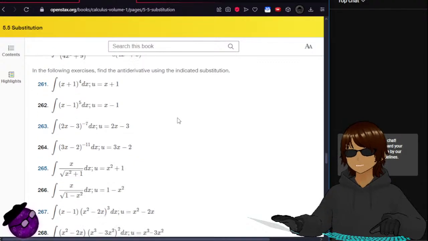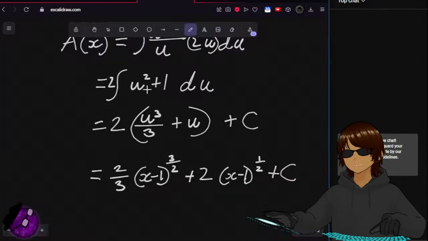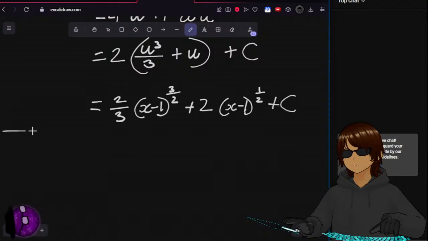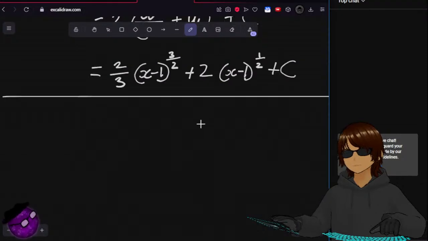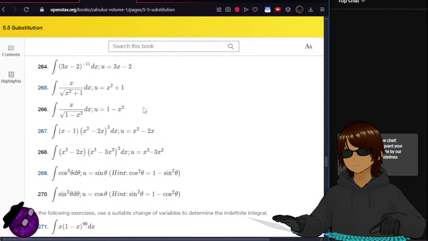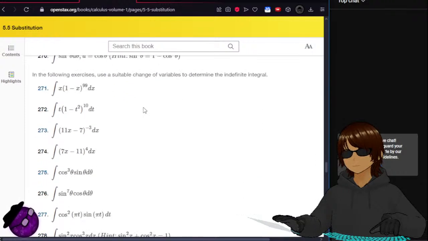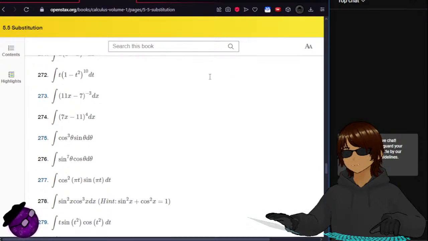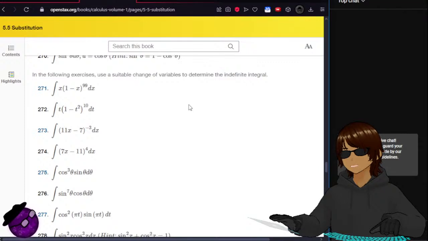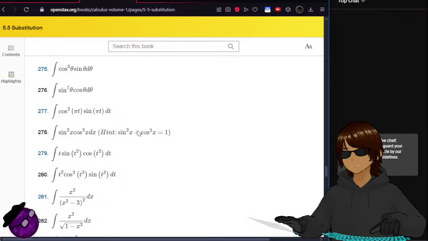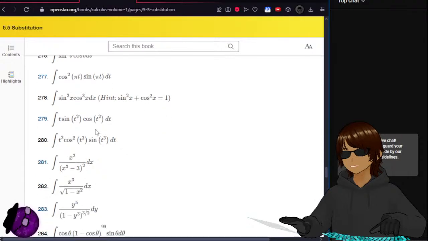I should do one more and then I think I will end the stream. In the following exercises, use a suitable change of variables to determine the indefinite integral. Let's try this. No, wait. Let's try this.